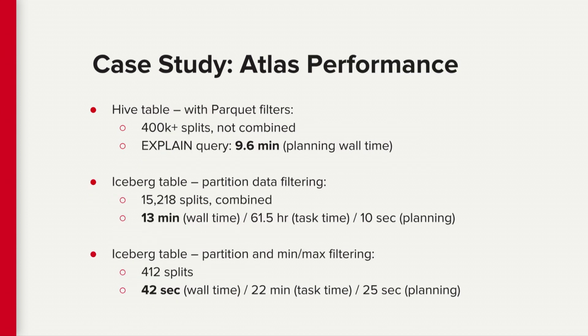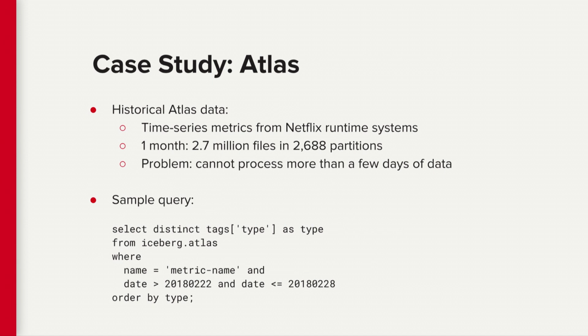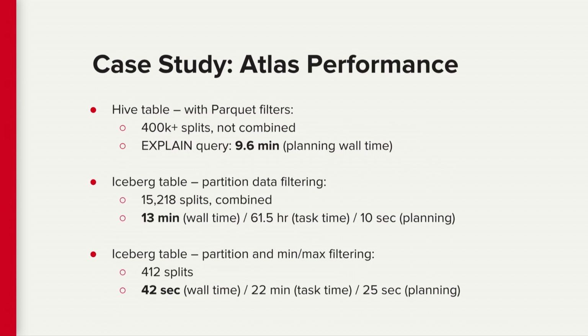And what the actual performance is, in a Hive table, like I said, we get 400,000 splits per day. So this is actually underestimating the number of splits. And an explain query for this query right here, we say explain that, and that will go out and plan and get all of the splits. That alone takes about 10 minutes to run.